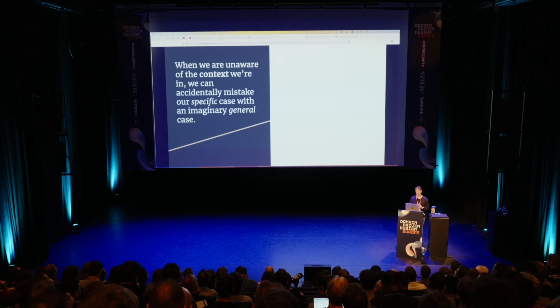And here's how that can bite us. When we are unaware of the context that we're in, we can accidentally mistake our specific case, our perspective, with an imaginary general case that applies to everyone. An imaginary truth. Generally, it's better to optimize our code for legibility than for speed.